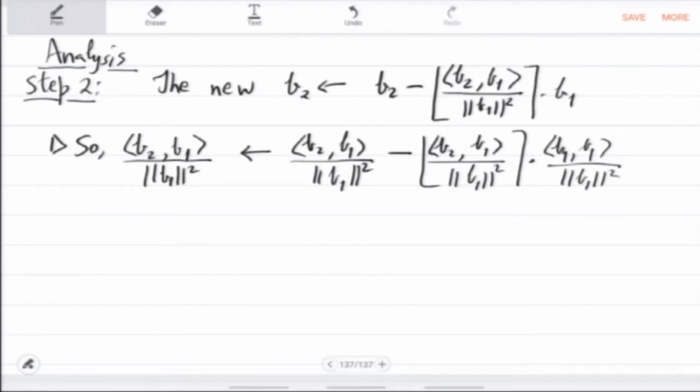But this last quantity is 1. So you see that you are actually subtracting the nearest integer from the old B2, B1 over B1 squared. So the difference will be smaller than half. Let me call this new mu2 1. Its absolute value is between minus half and half, less than or equal to half. This you can check.